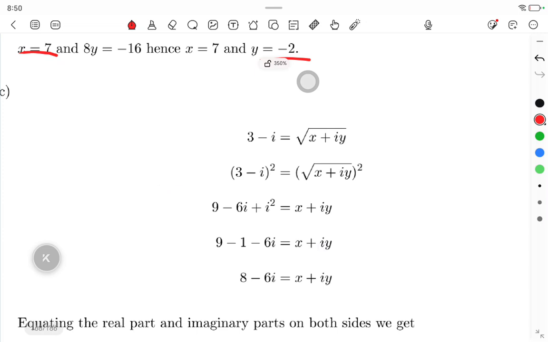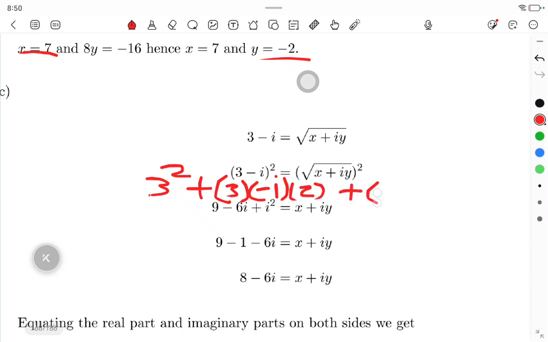Then this is 9. This is minus 6i. This is plus i squared. What did the right mean here? Let me see. Oh yeah, I should have put this inside the brackets. Don't forget to put this inside the brackets, right? I'm writing so fast that sometimes I forget to put them inside brackets. So this would be 8, meaning that x would be 8, right?